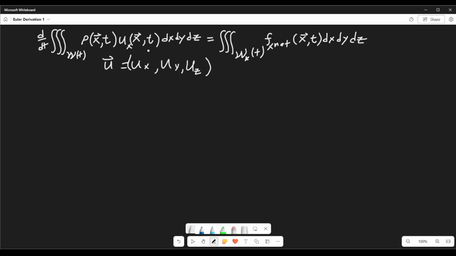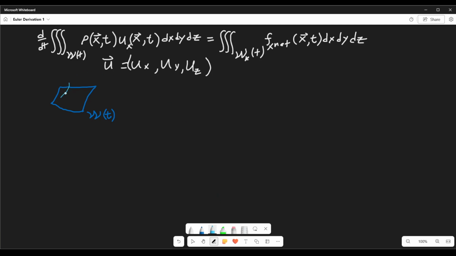So the next step is to differentiate, take this d by dt, and actually do the differentiation on the left side of the equation. However, this is complicated by the fact that the volume, W, over which we are integrating, is actually moving and potentially even distorting itself in space.